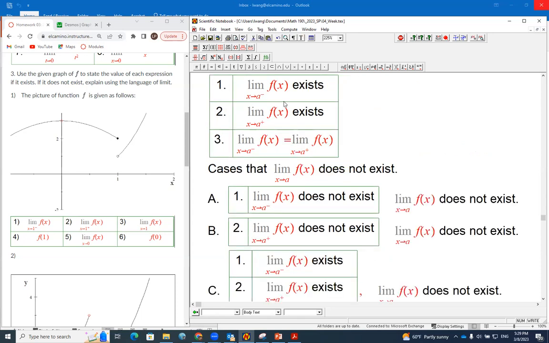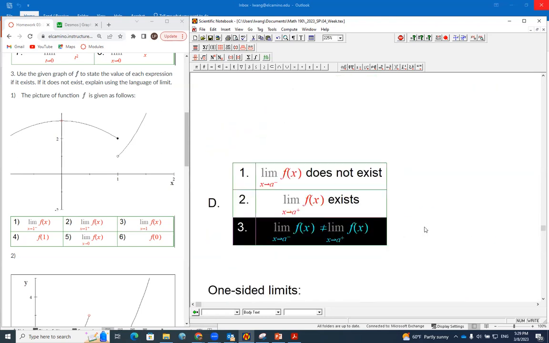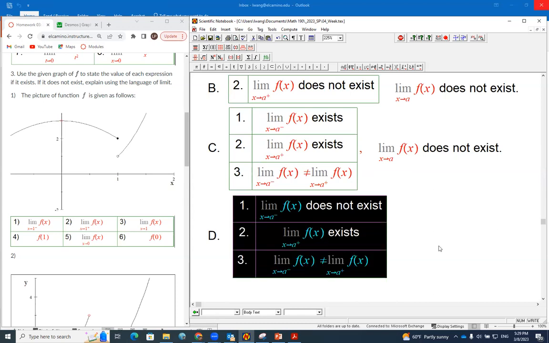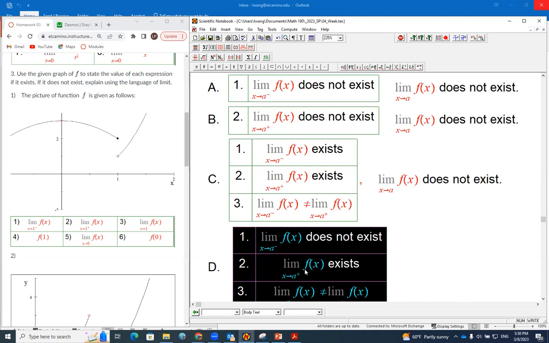If one of them does not exist, then the whole limit does not exist. So this case could happen, but you don't need to do that much work. Because if one does not exist, the entire limit does not exist. So I will put D in the category of A.